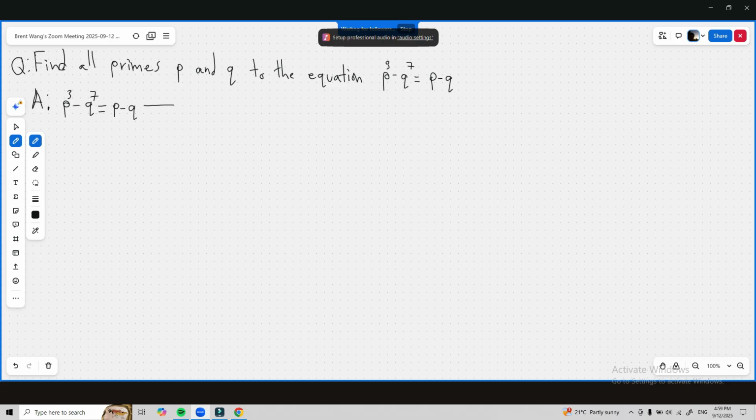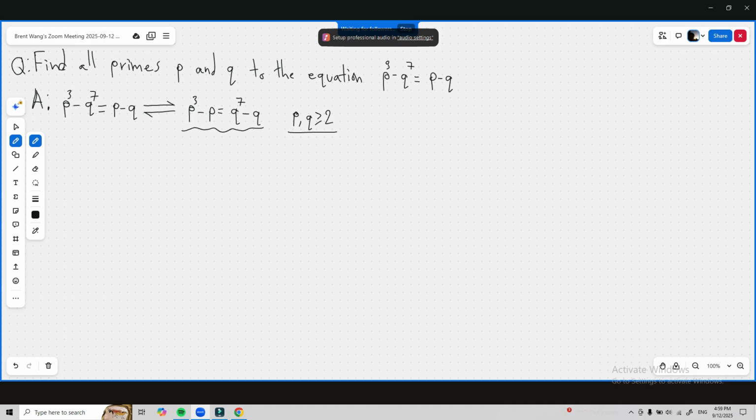And you can switch it to p cubed minus p is equal to q to the 7 minus q. And since p and q are both primes, it's obvious that p and q both have to be at least 2. Like I said, we'll get to the use of this later.